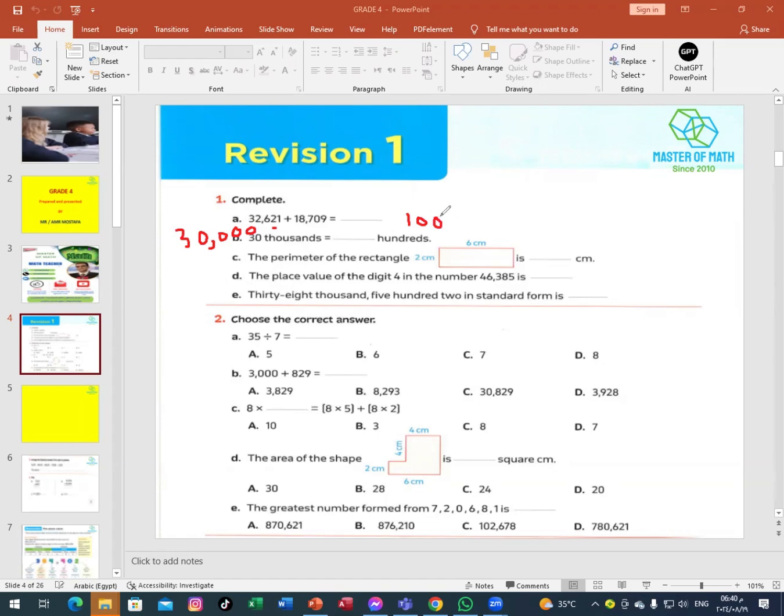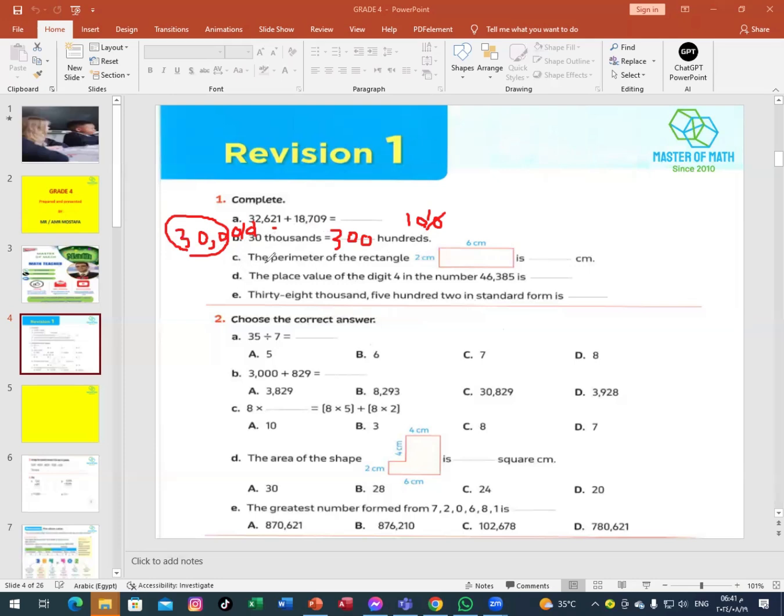I have to cancel 1 zero by 1 zero and 1 zero by 1 zero. Remain 300. So 30,000 equal 300 hundreds. I cancelled 2 zeros with 2 zeros. Okay, remaining 300.